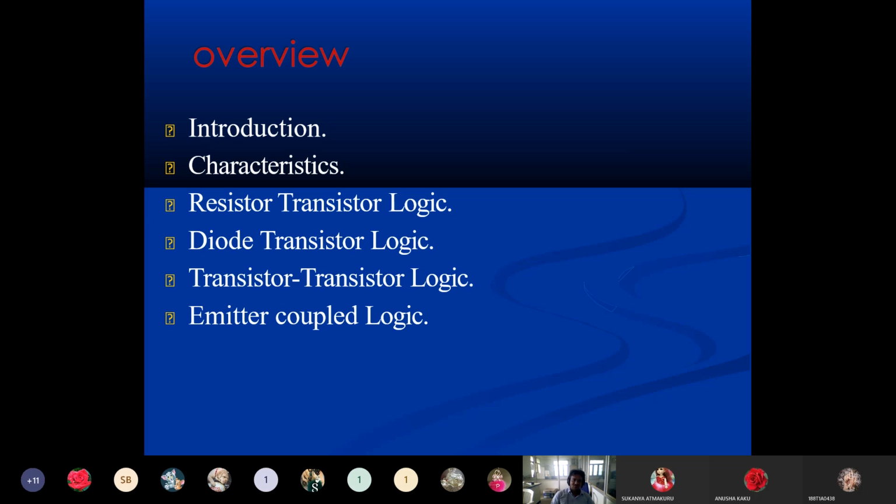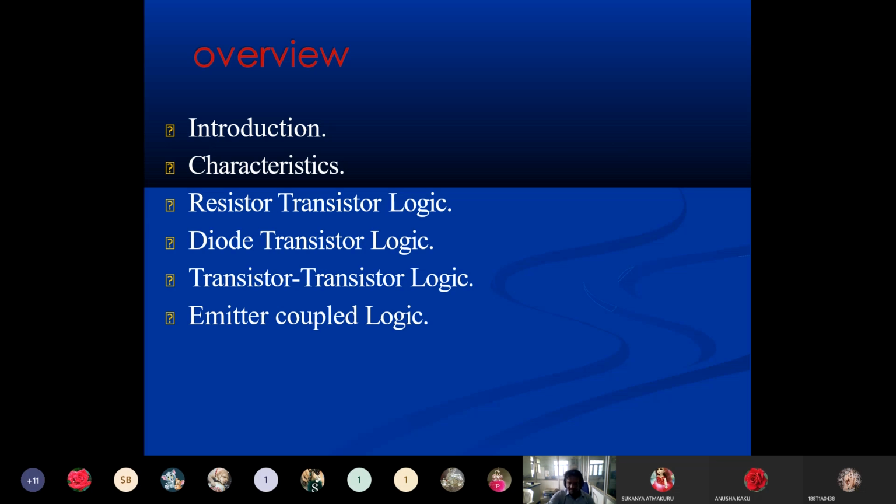Before CMOS logic, we had different logic families. Those are nothing but resistor transistor logic, diode transistor logic, DTL, TTL, transistor transistor logic, and ECL, emitter coupled logic. So in today's class, we will see clearly what logic families are.